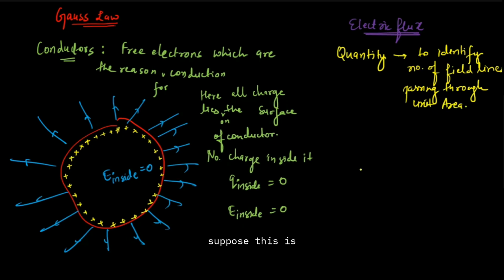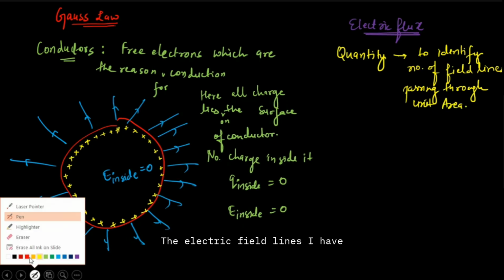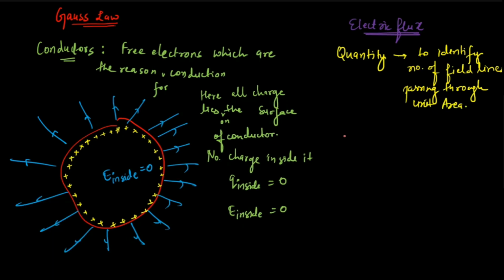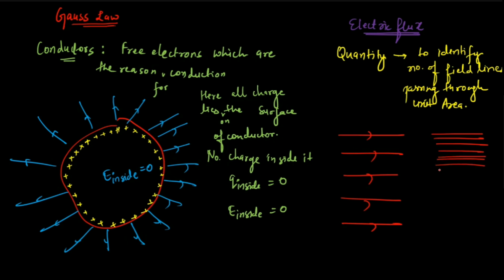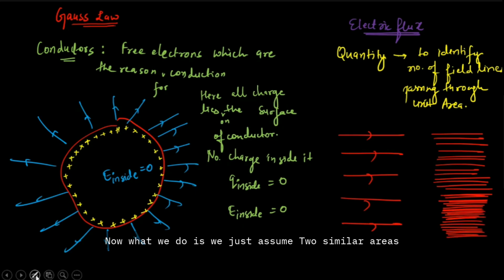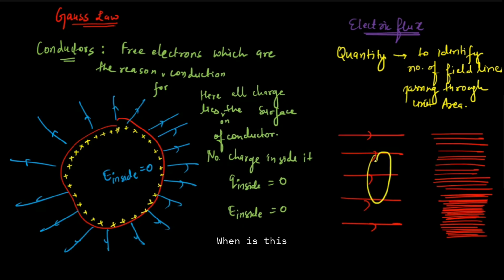Like for example, suppose these are the electric field lines I have. One is like that, other is like that. Now what we do is we just assume two similar areas. One is this A1, another is this A2.